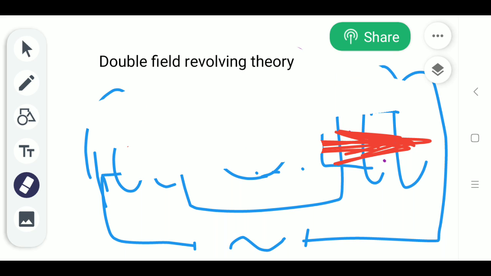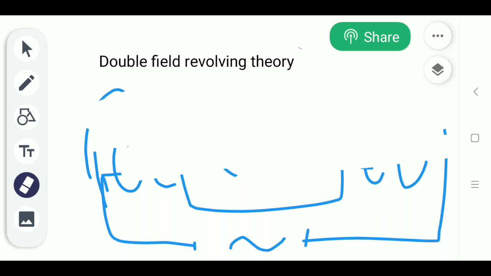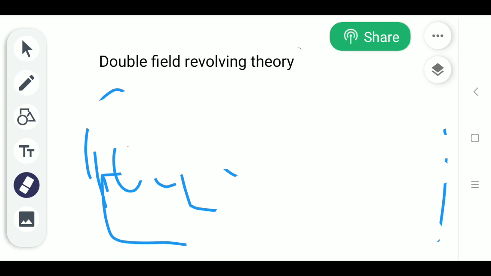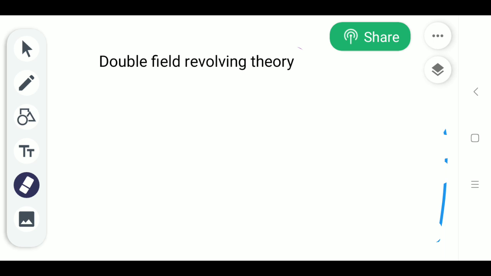Now, having seen how this happens, we try to take the help of some mathematics to explain this behavior.